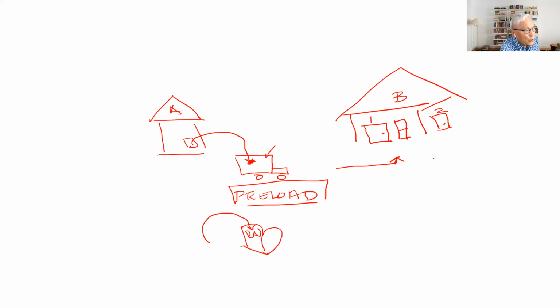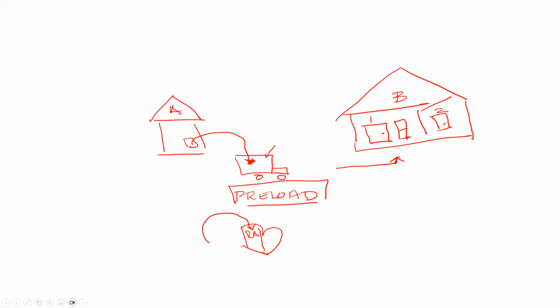Would it be easier to enter house B through door 1 or door 2? Door 1. Why is that? It's bigger. Yes, it's bigger. If it's bigger, it's a lot easier for your furniture to go in, isn't it?